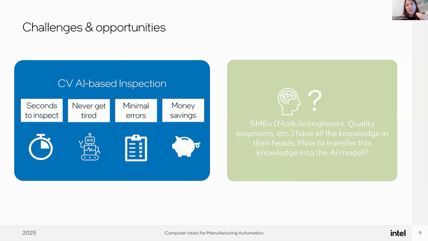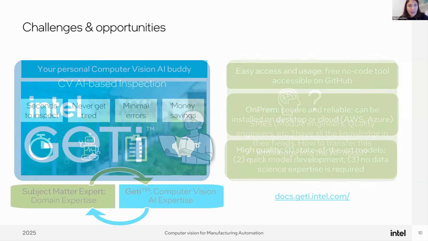So you really need to give this tool to the subject matter expert. So the question is how we can transfer this knowledge from the head of the subject matter expert into the AI model. And the similar question would be for healthcare, for example, where the different types of classes will also be very, very specific, and we need this subject matter expertise to label the data sets.